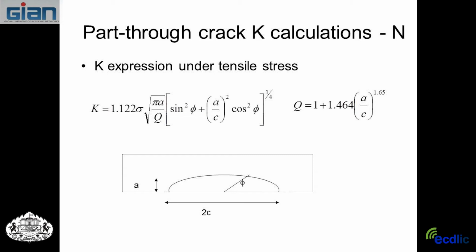And so this is smaller generally because A over C is less than 1. This is smaller. And so if you have 0 degrees, you have a low K, and 90 degrees, you get a high K. Let me show you calculations for that in case you want to calculate part-through cracks.